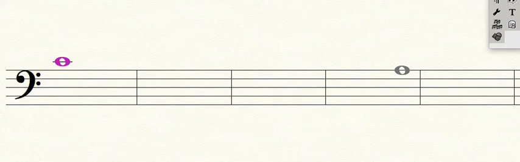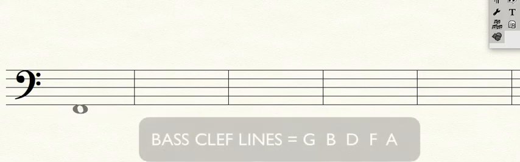Now, just like we did with the treble clef, we're going to learn some shortcuts to remember the names of the lines and then the names of the spaces on bass clef.